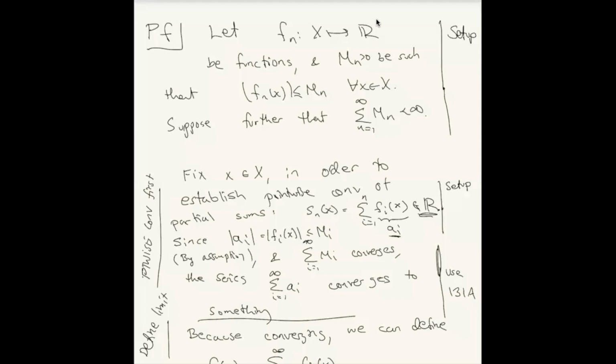So what we're doing here is we're finding the limit pointwise, and then we're generalizing it to all x. So this defines a function f from X to R.